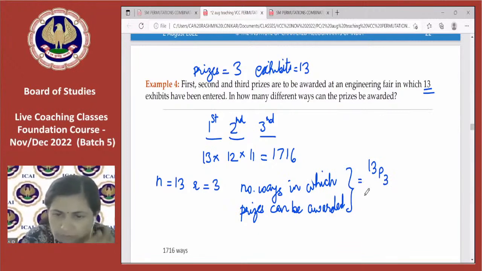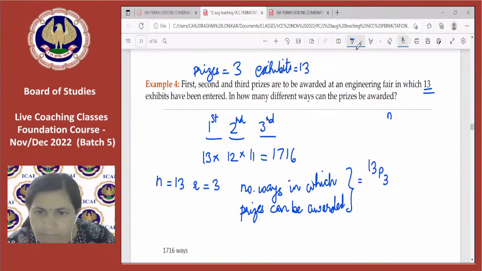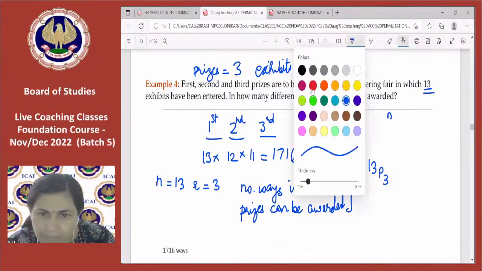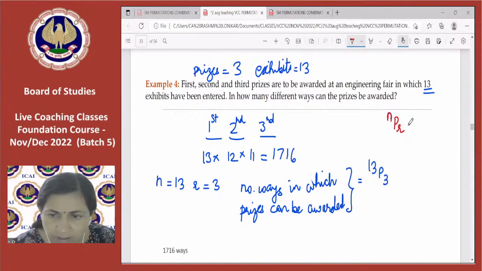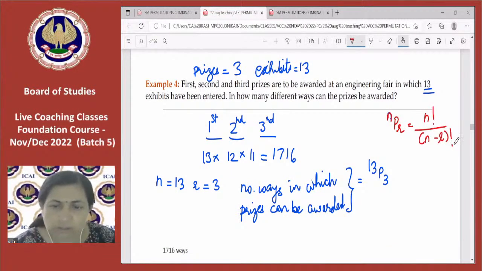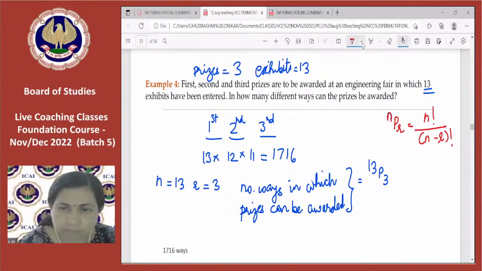So, I know the formula. What is the formula? nPr is equal to n factorial upon (n minus r) factorial. Okay, n factorial upon (n minus r) factorial. So, I will be using this.